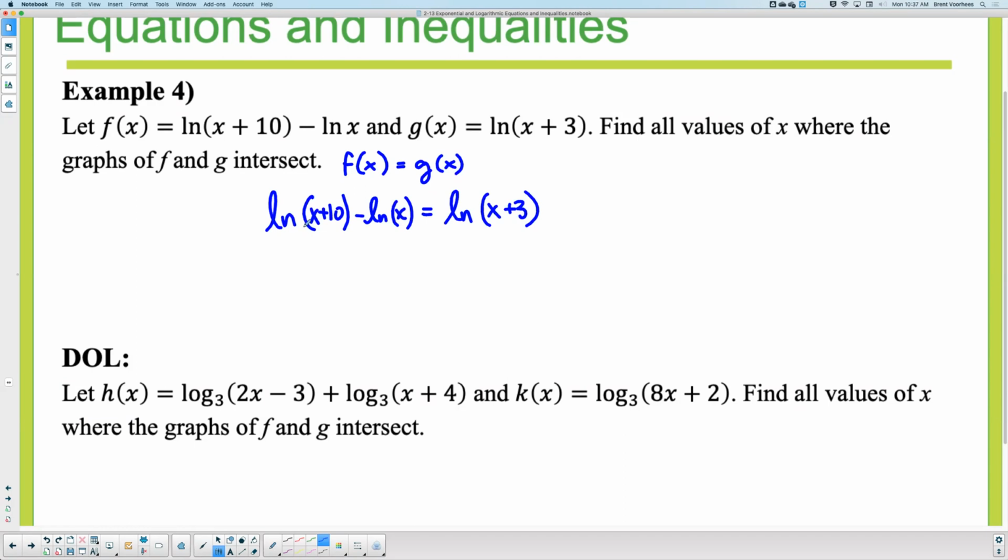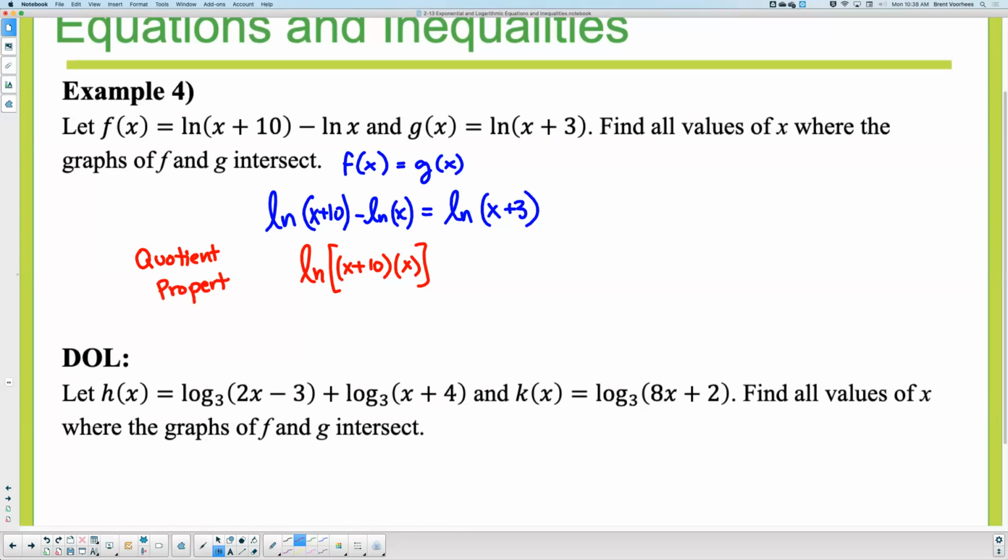Now, what property could we use if we have the natural log of x plus 10 minus the natural log of x? Quotient. So this becomes the natural log, I'm going to use a square bracket to make it easier, x plus 10 times x. I'm doing the quotient. No, I did that wrong. Correct me. What did I do wrong?